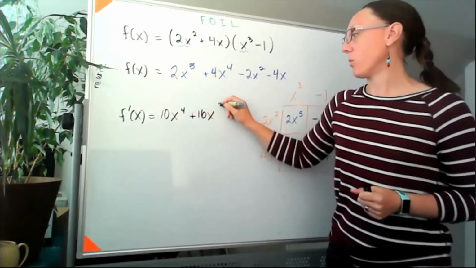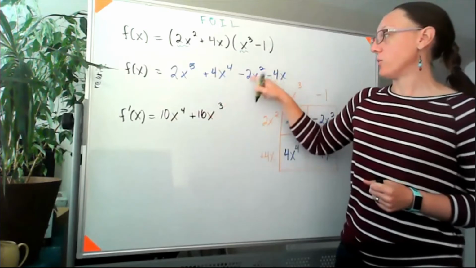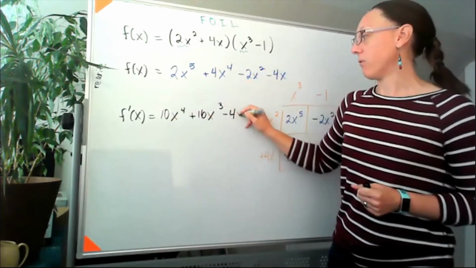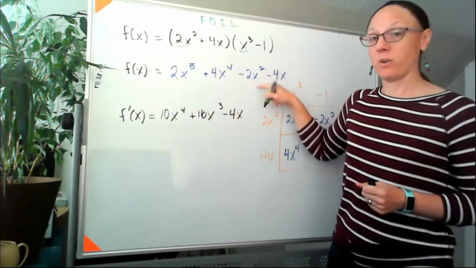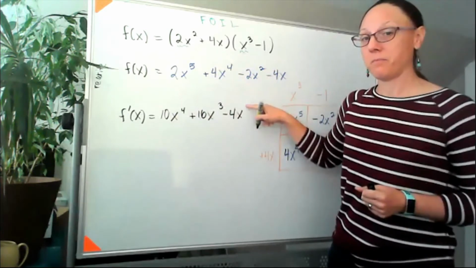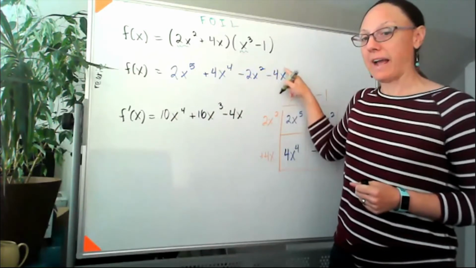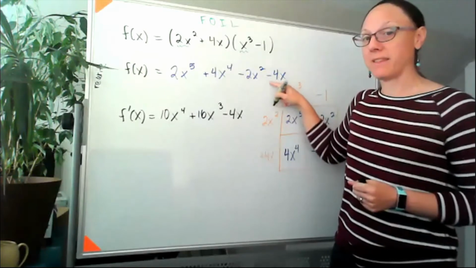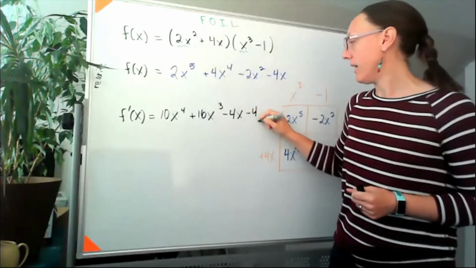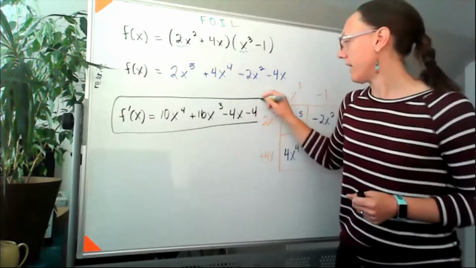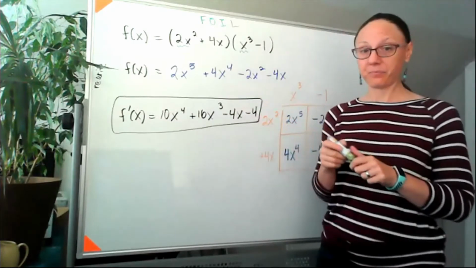Subtract 1 from the exponent. 2 times -2 will give me -4. Subtract 1 from the exponent, and I'll be at 1. And then minus 4x, so that derivative is just going to be that -4. And that is my f prime.